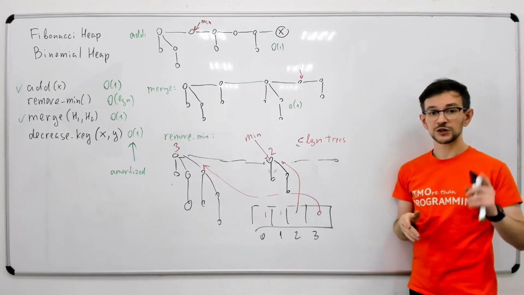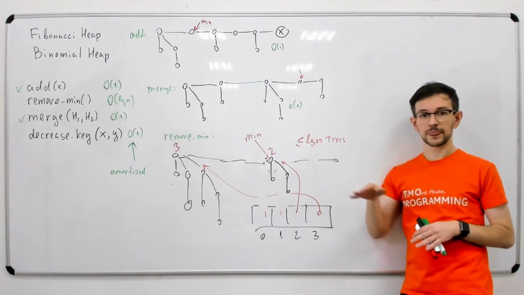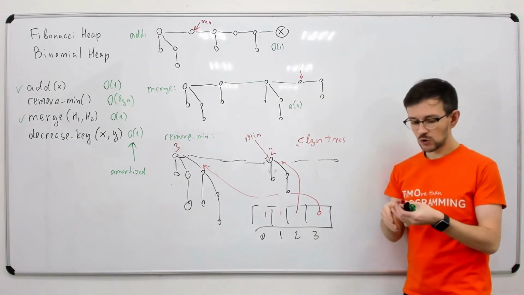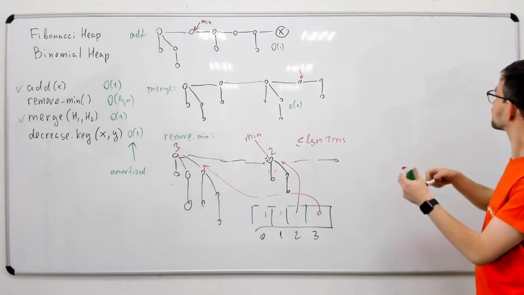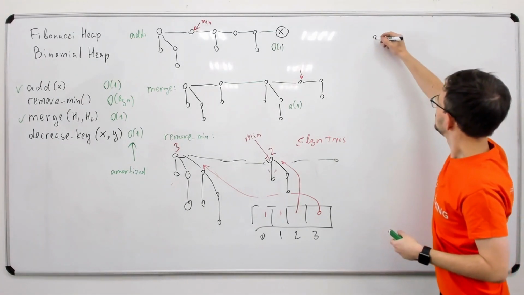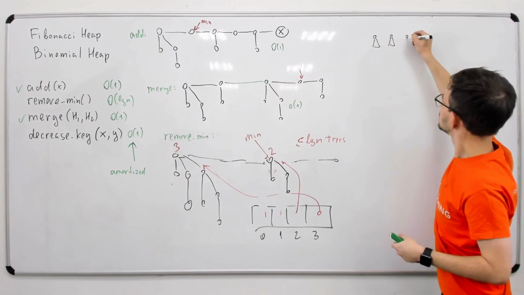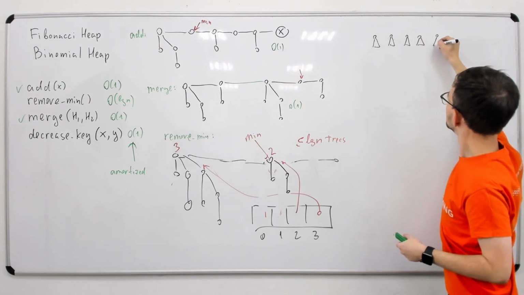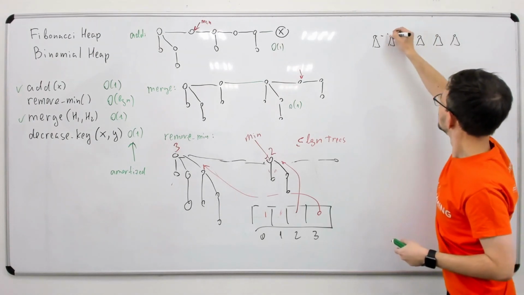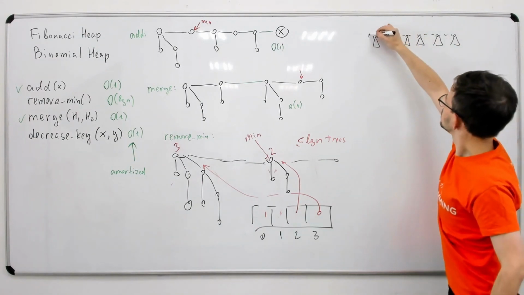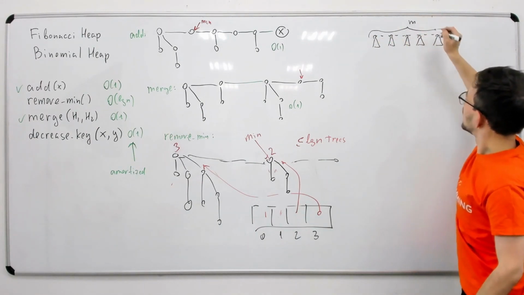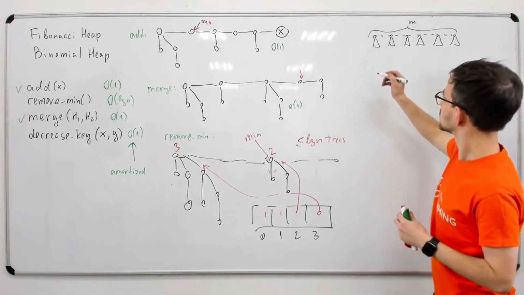Okay, now what is the time complexity of this cleanup? Let's see. So in the end, you have trees like this one. Imagine you have m trees in your Fibonacci heap.